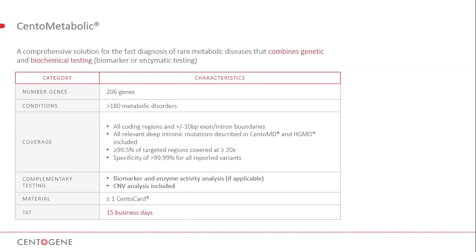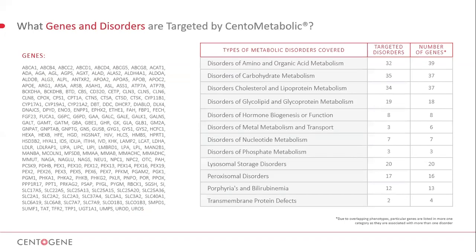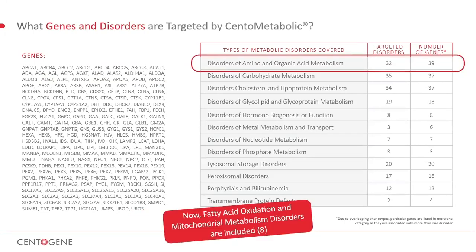And copy number variant analysis through next generation sequencing has been recently implemented for this panel. Importantly, also some additional biochemical testing is performed, like biomarker and enzymatic analysis. Now, this is the list of genes included in this panel. It has been upgraded from a previous version, and now it includes more possible causes of metabolic disorders.